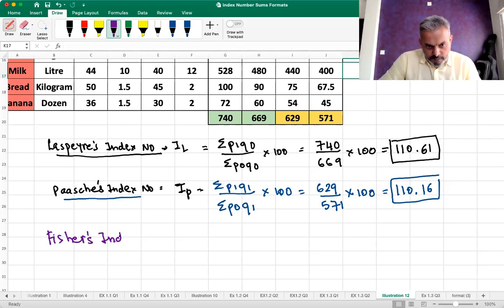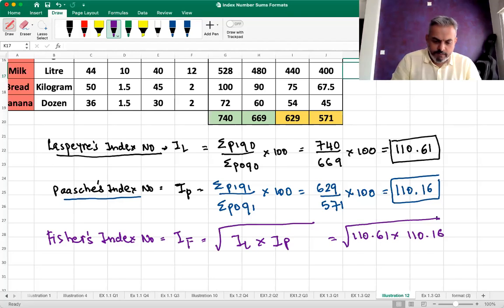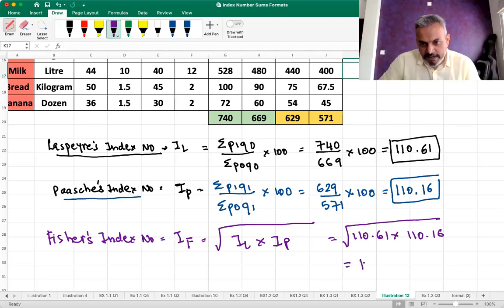Fisher's index number is equal to IF, which is equal to under root of IL into IP, which is equal to 110.61 into 110.16 under root. 110.3847, which is equal to 110.38. Answer.